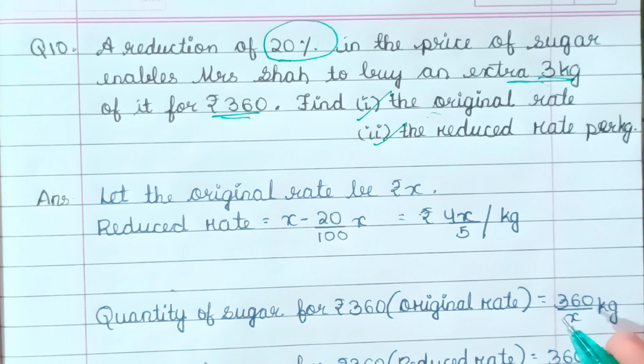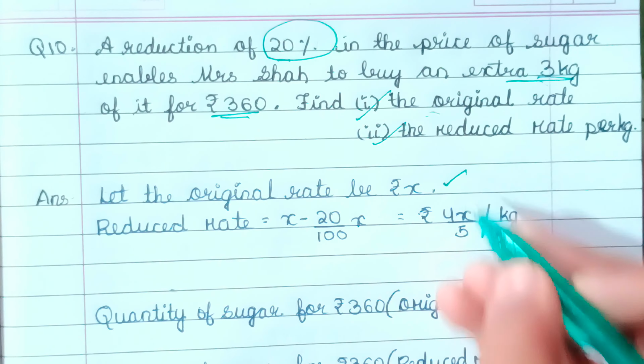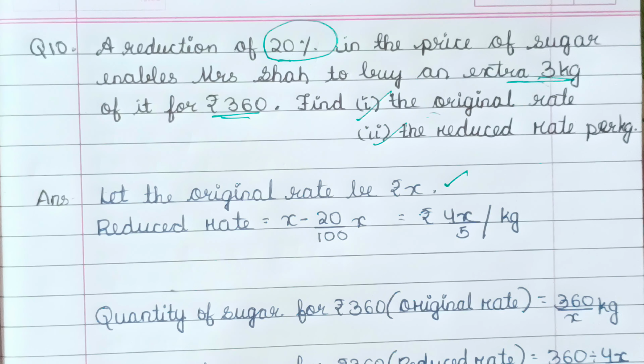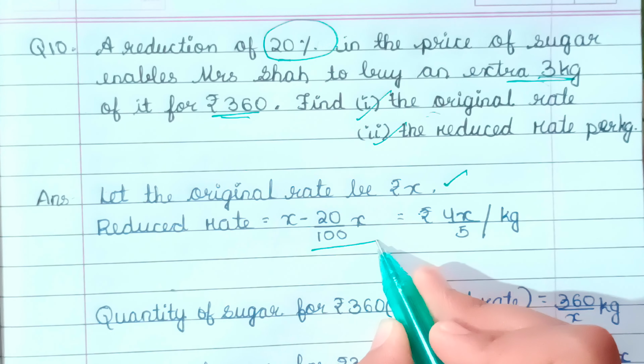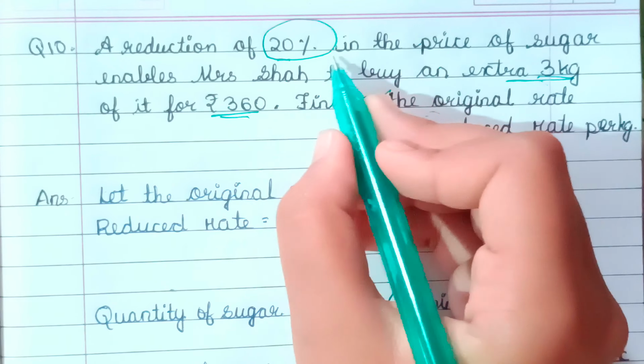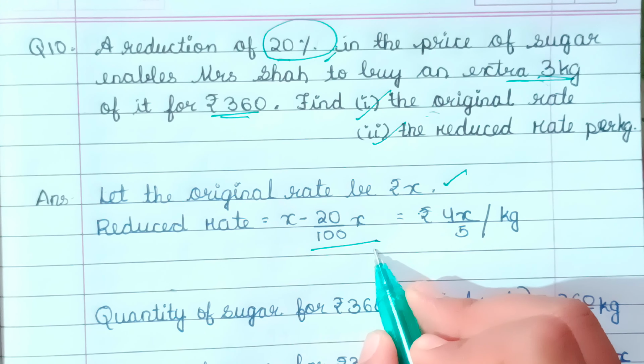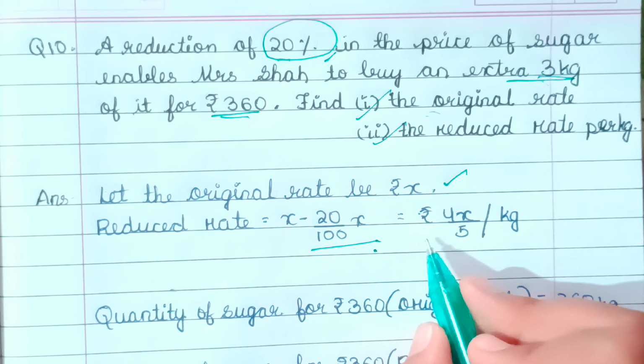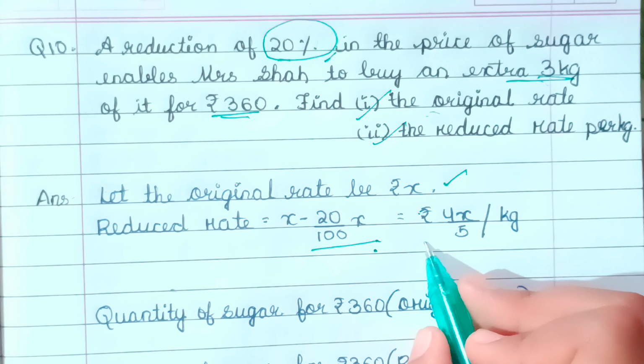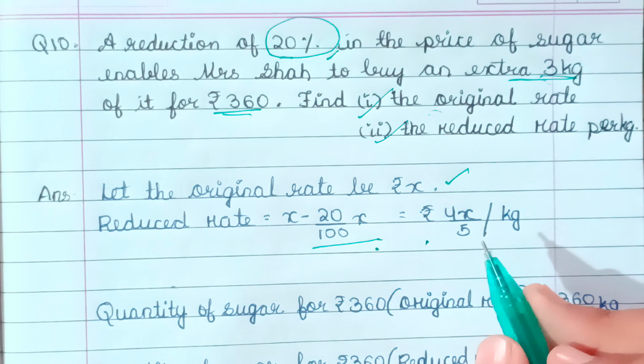So let the original rate of the sugar be X, and the reduced rate becomes X minus 20% of X, as the reduction is of 20%. So it becomes X minus 20 by 100 X, that is equal to rupees 4X by 5 per kg.